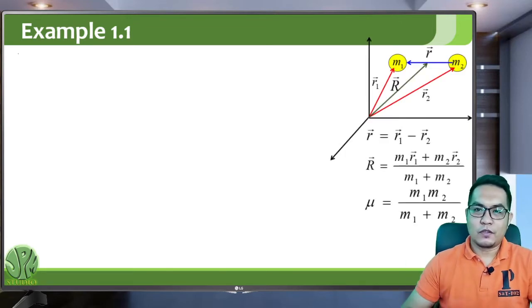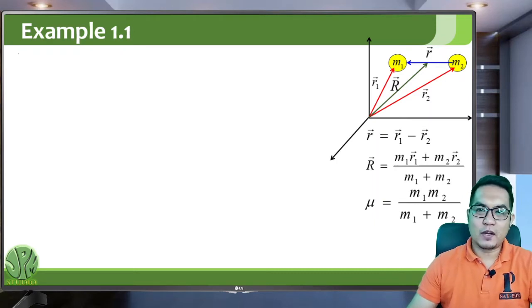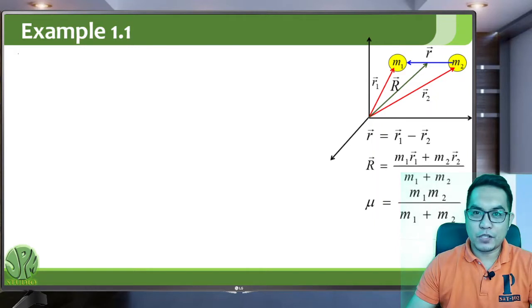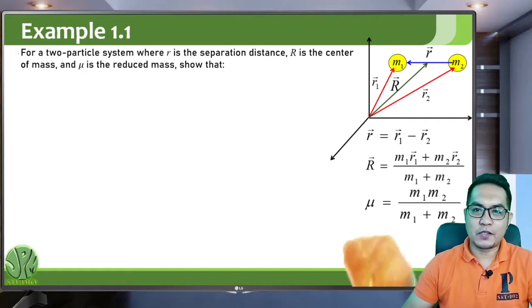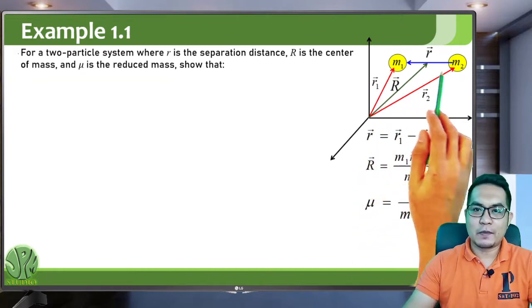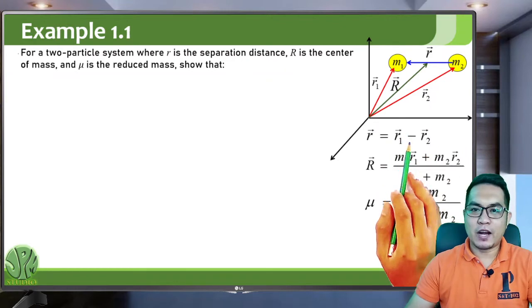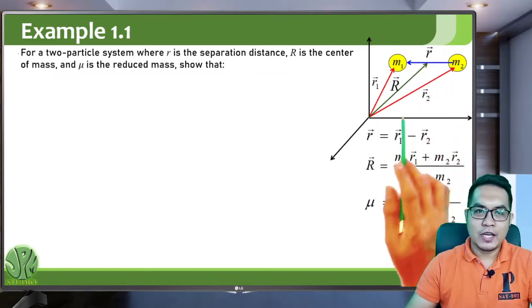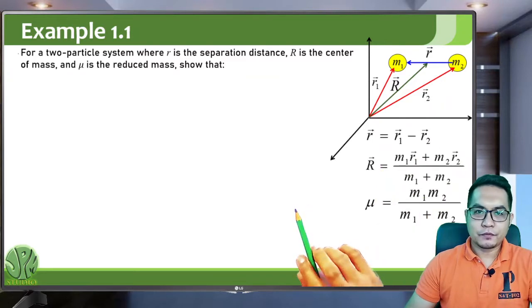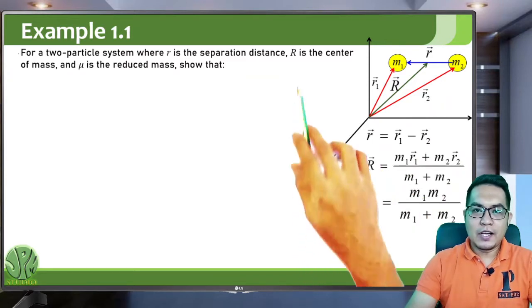You have 2 particles, M1 and M2, with corresponding positions R1 and R2. The question is, for a 2-particle system, where r is the separation distance, given by R1 minus R2, so recall your vector addition, and capital R is the center of mass.